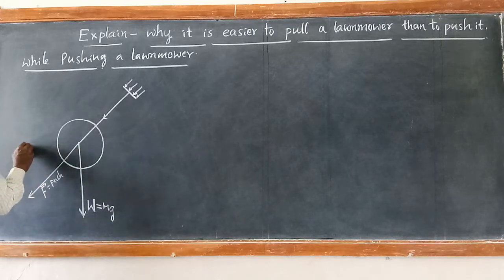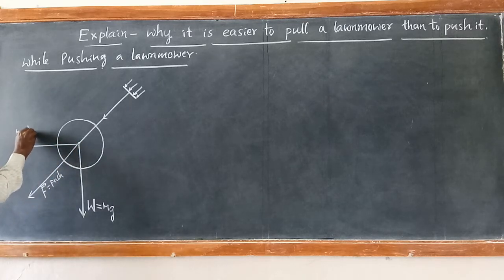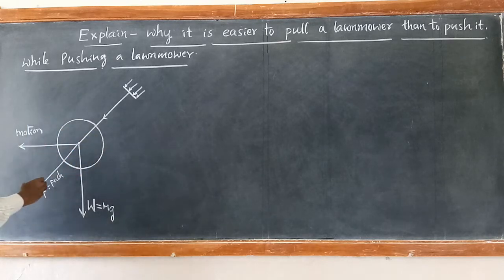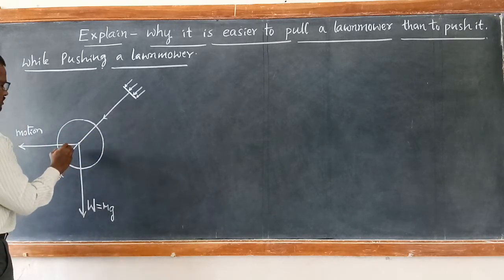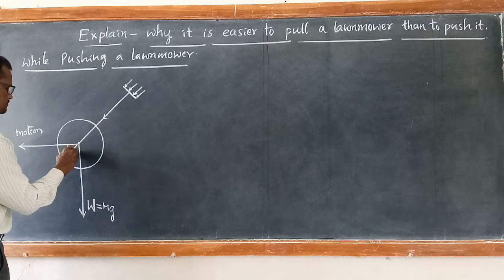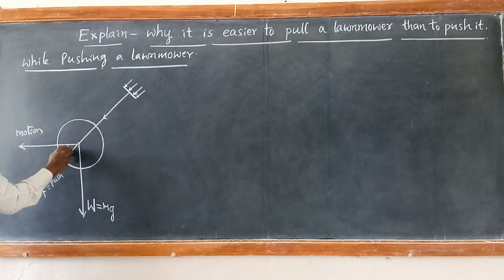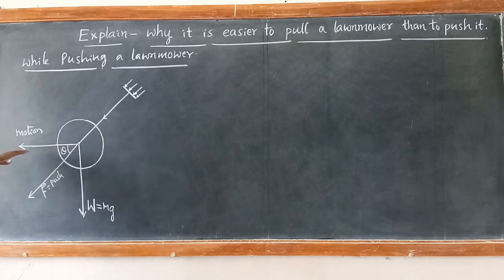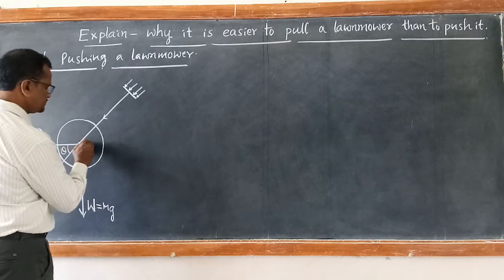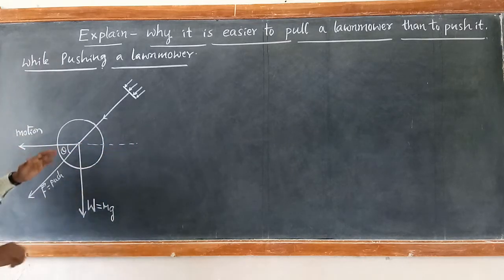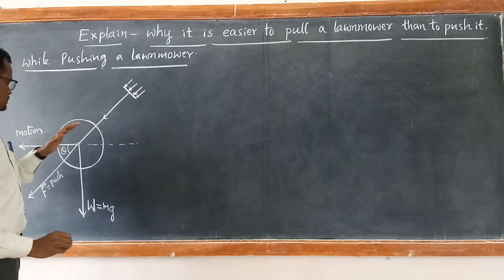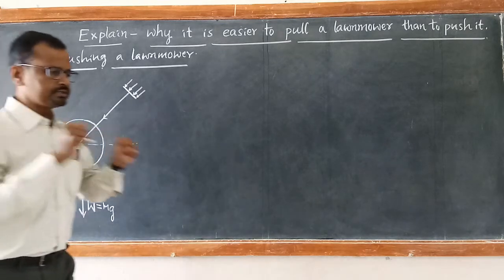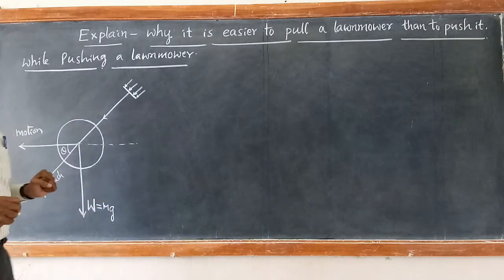And this is the direction of motion of the lawn mower. Suppose this is the angle theta with respect to the horizontal. This is the horizontal line. Theta is the angle with respect to the horizontal along which we are pushing it.